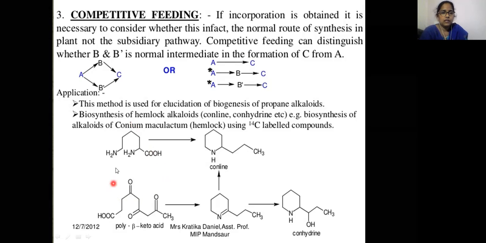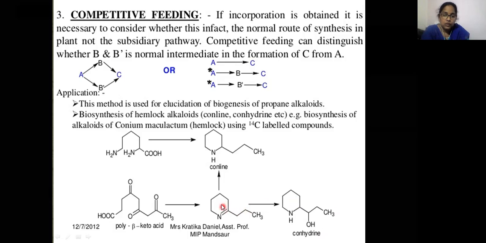Here you can see an example: the formation of coniine. Two possibilities are there. Directly from the amino acid we are getting coniine, and from poly beta keto acid we are getting an intermediate which is involved in the formation of conhydrine.